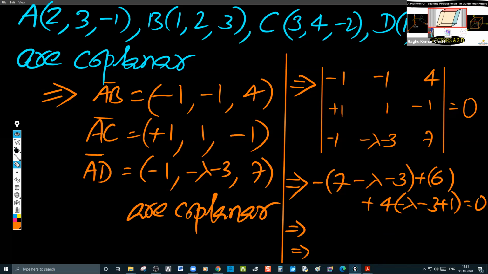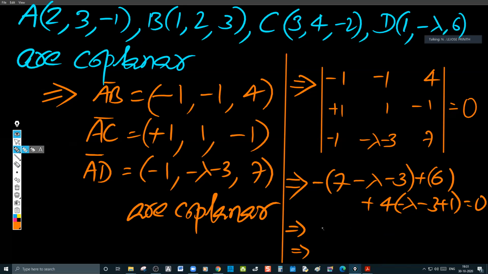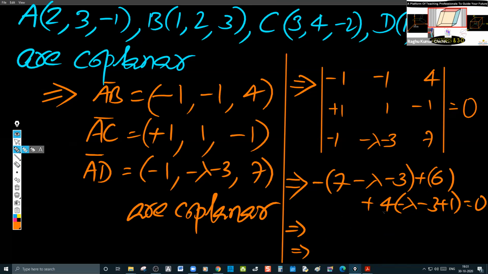So check, a simple mistake in the sign has changed the entire problem. Just understand that. 7 - 3 = 4, -4 + 6 = 2, 2 minus 8 = -6.